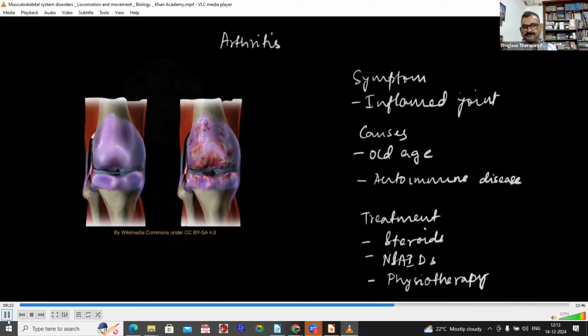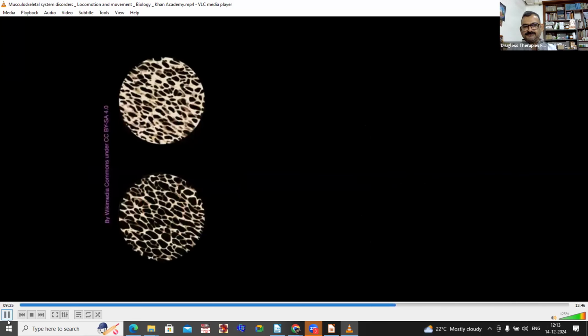Another bone disease which also affects older people more than others is called osteoporosis. Osteo means bone and porosis, as the name suggests, means pores. So here you see a normal bone, the cross section of a normal bone.